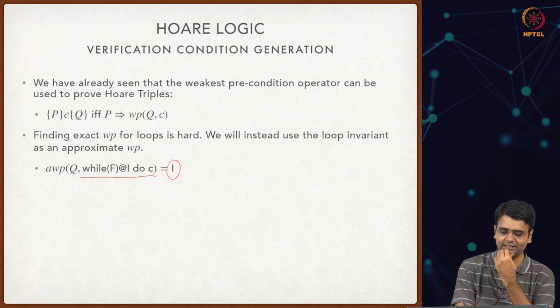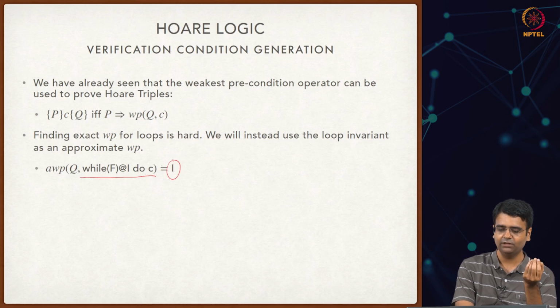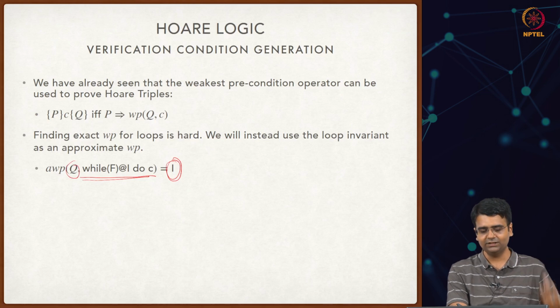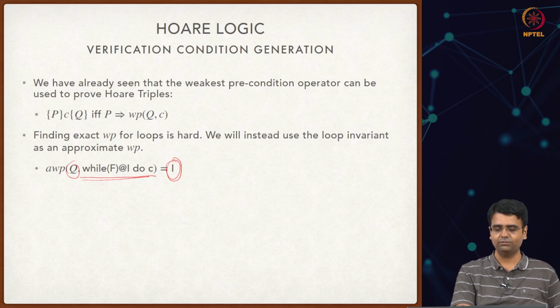What this means is, if you recall weakest precondition, that if you execute the while loop beginning from any state which satisfies I, and if the execution terminates, then it should be guaranteed to end up in the state Q.